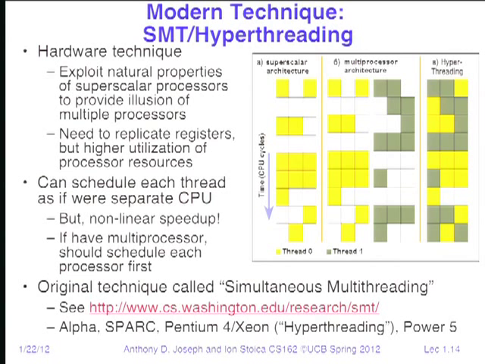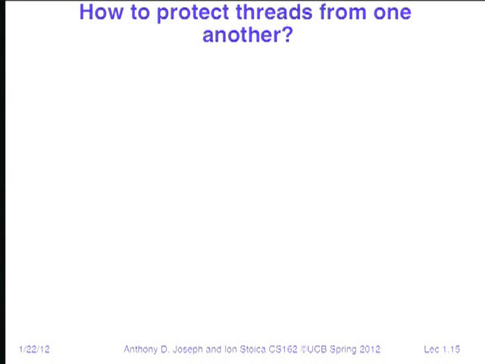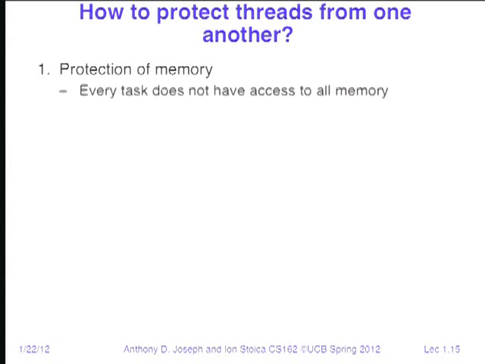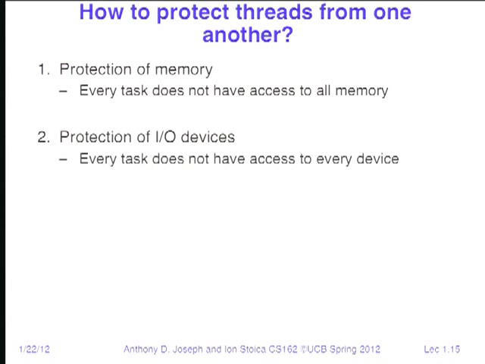All right, so how can we protect threads from each other? One approach is to use memory protection. That allows us to put them into different address spaces. They can't access the memory of another process. Another approach is to protect the I/O devices, so we can mediate access to the I/O devices through the operating system, so every thread does not have access to every I/O device.